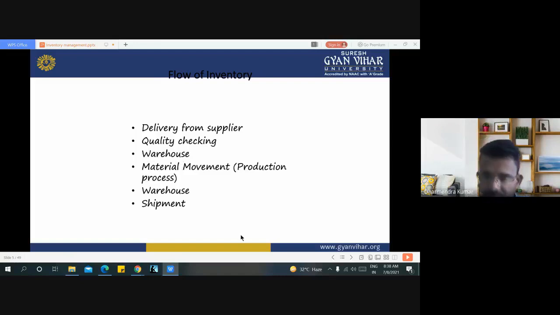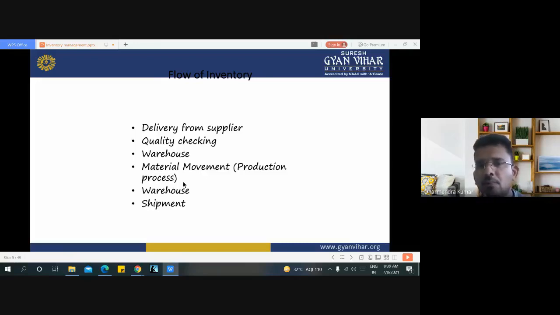Then at the time of production, the raw material comes from the warehouse and goes for material movement at the production floor for applying various machining processes or production processes on that raw material. Here material movement is known as moving inventory. After all machining processes have been completed on that raw material, our finished good or desired product is complete.